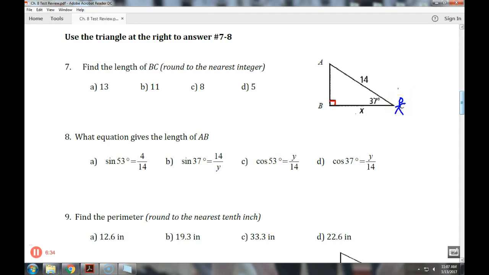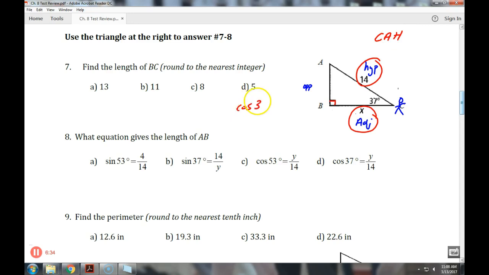I'm going to label the sides that I have. This would be adjacent. This would be hypotenuse. I don't really even need to label the opposite over here because there's no value over there, so it doesn't help me. So I basically need to find the correct ratio that involves adjacent and hypotenuse. And that's cosine.